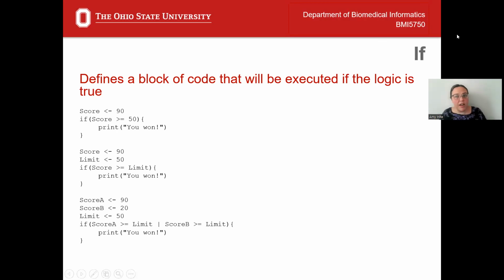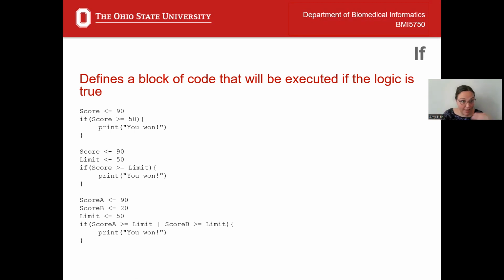Okay, so we're going to start out with if statements. If defines a block of code that will be run if the logic is true. So we have some really simple if statements here. We assign the score to be 90. You can assign it whatever you want. So we've assigned a value to score.